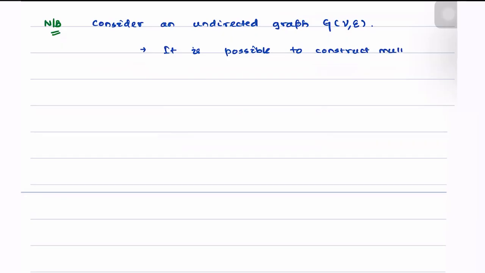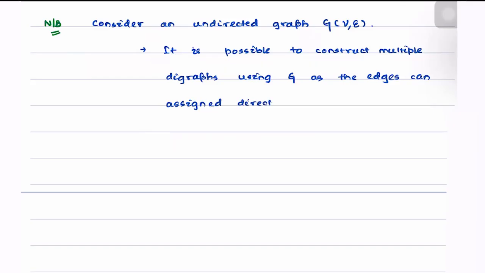Consider an undirected graph G with a vertex set V and edge set E. It is possible to construct multiple digraphs using G as the edges can be assigned directions in multiple ways.